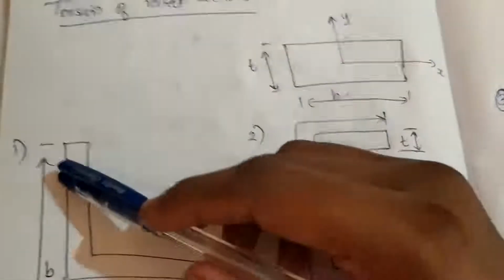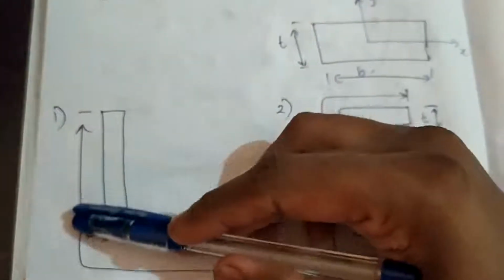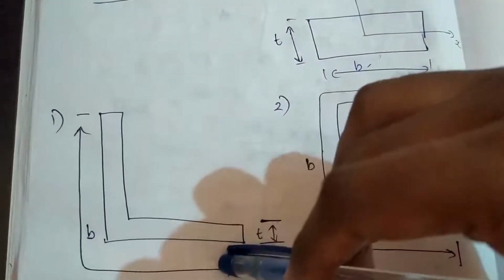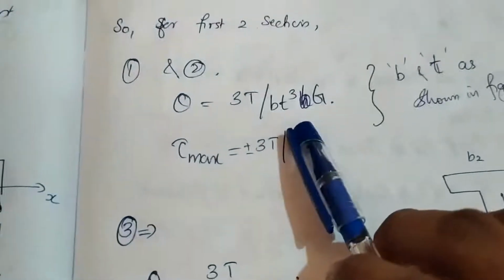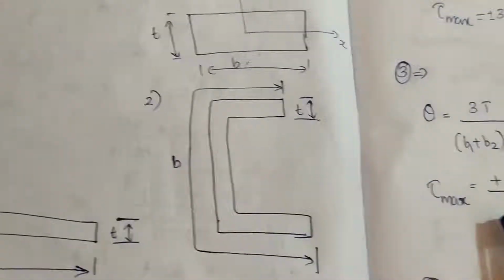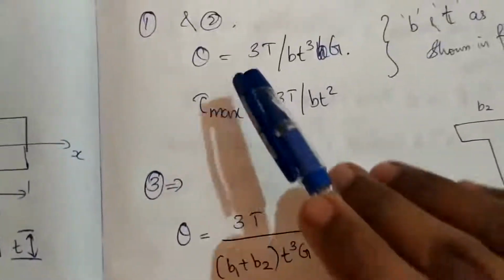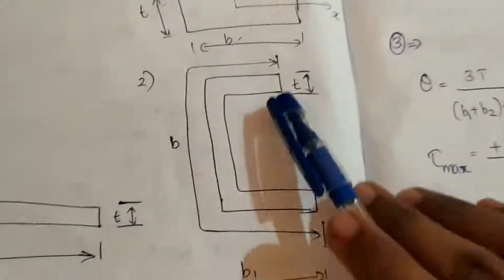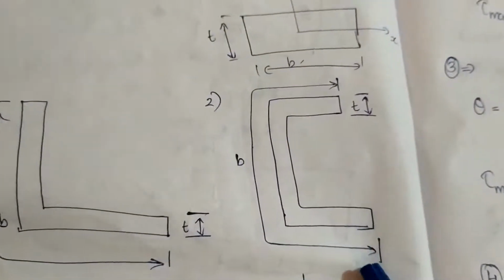If in the question they have given only up to here and then up to here, you add these two and apply this in the equation. Whereas in the C section, take the whole breadth, so the same equation applies, provided you take the breadth as the whole thing.